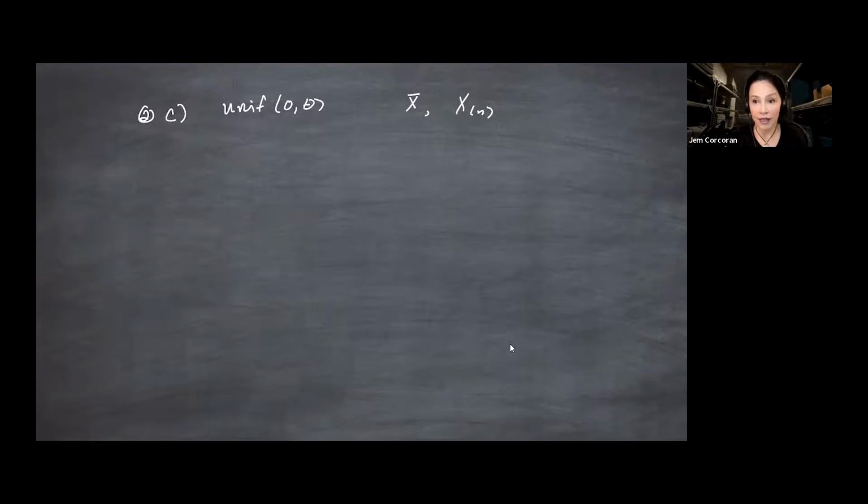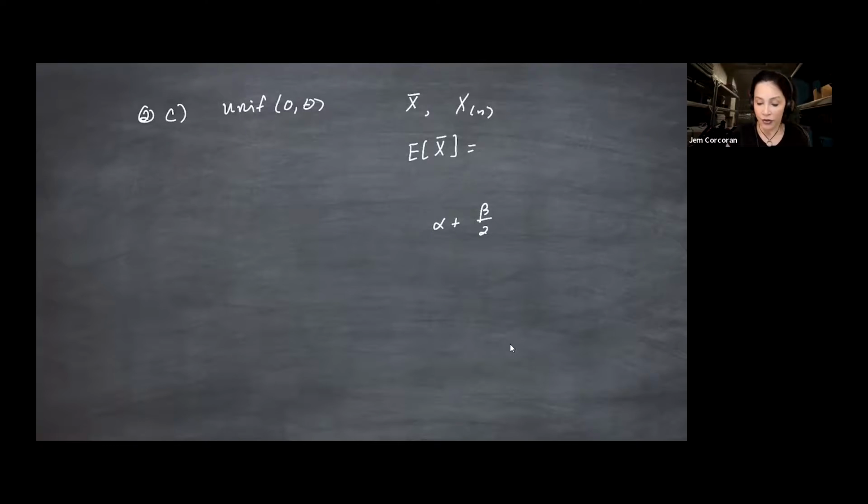So neither of these on their own are going to be an unbiased estimator for theta. The expected value of x bar, the expected value of the uniform distribution is right in the center because it's got equal weight everywhere and it's kind of this balancing point. You might see it in the table as alpha plus beta over 2, where alpha is the left endpoint of the interval and beta is the length of the interval.